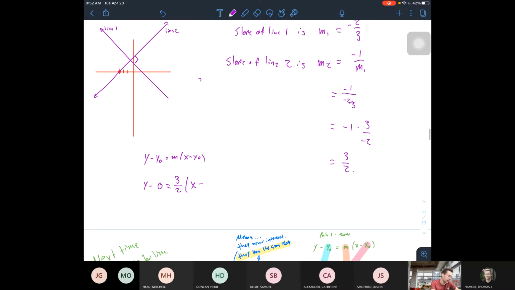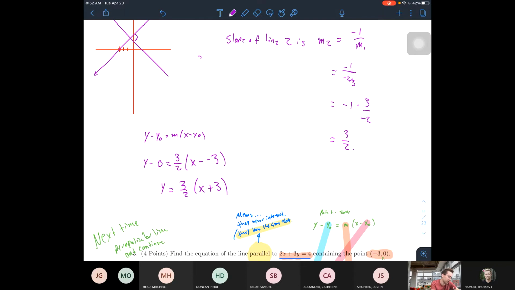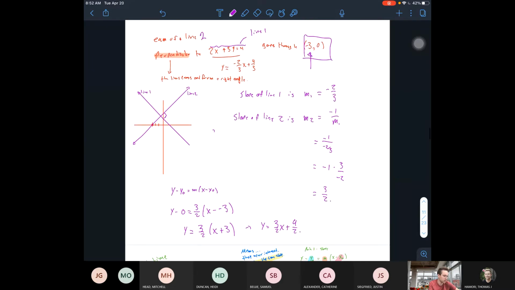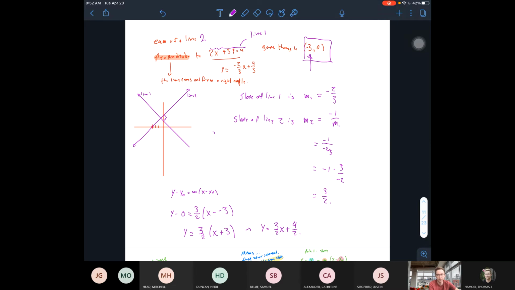It's -3, x minus -3. So in other words, y is equal to 3 halves times x plus 3. Or if you want to multiply it out, then y is equal to 3 halves x plus 9 halves. Okay, so that's one way we can do this perpendicular line.